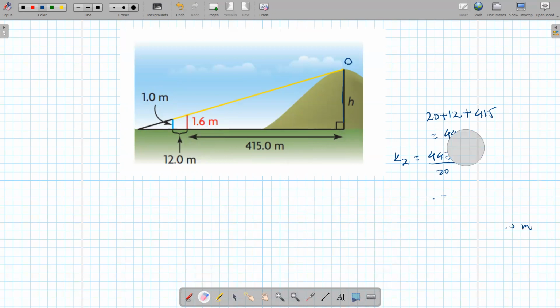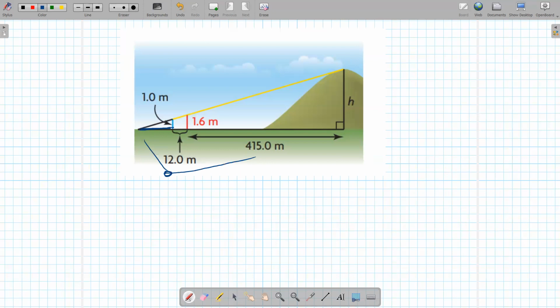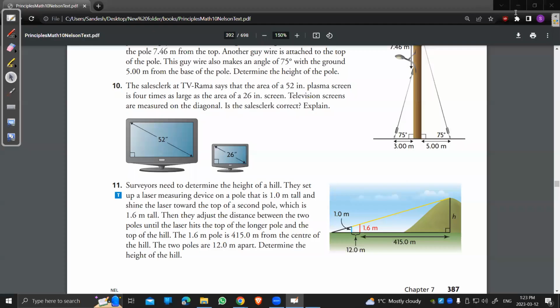Again, to recap for this question, you need to first find the scale factor between the biggest triangle and any of the 2 other triangles. Here we found the base by using the first 2 small triangles, and then we found the scale factor for the bigger picture, and then we found the height. That one was pretty tricky.